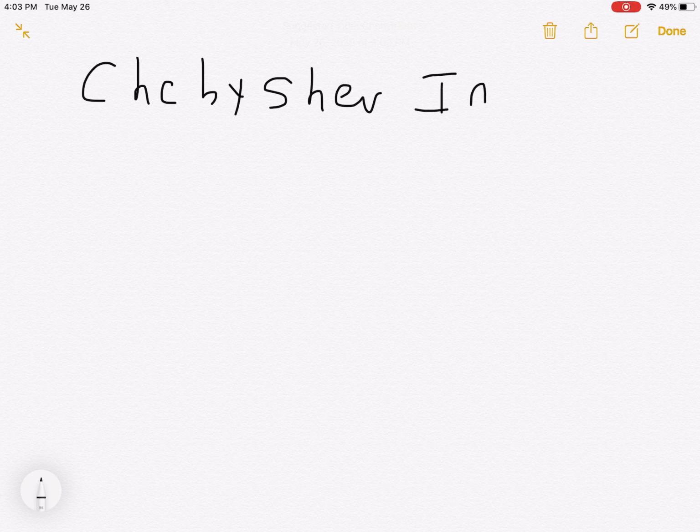So Chebyshev's inequality is a statement about probability and the number of standard deviations from the mean.